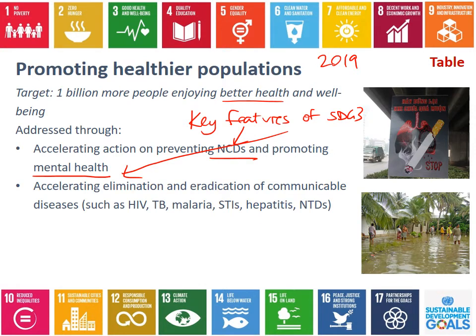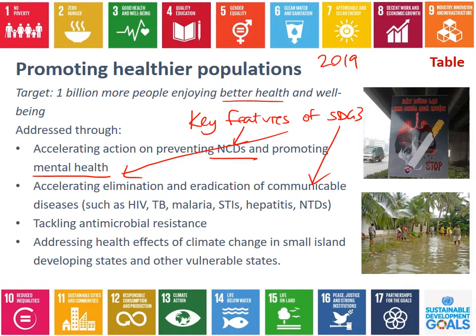Eliminating and eradicating communicable diseases such as HIV, TB, malaria, again, key features of SDG 3. Tackling antimicrobial resistance. So this is looking at how some diseases are developing resistance to the drugs and the treatments that we use. And also addressing the health effects of climate change, particularly in small island countries and other vulnerable states.